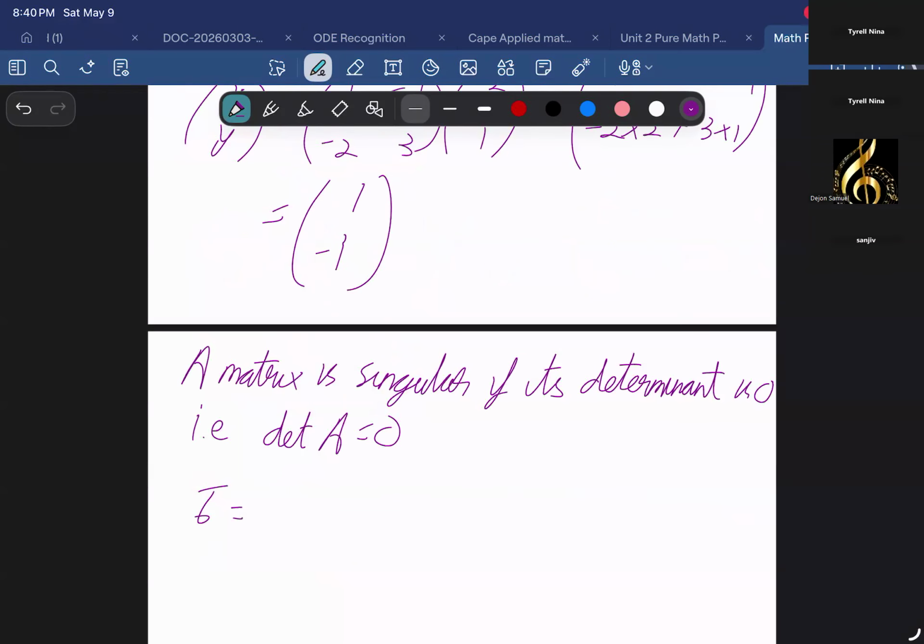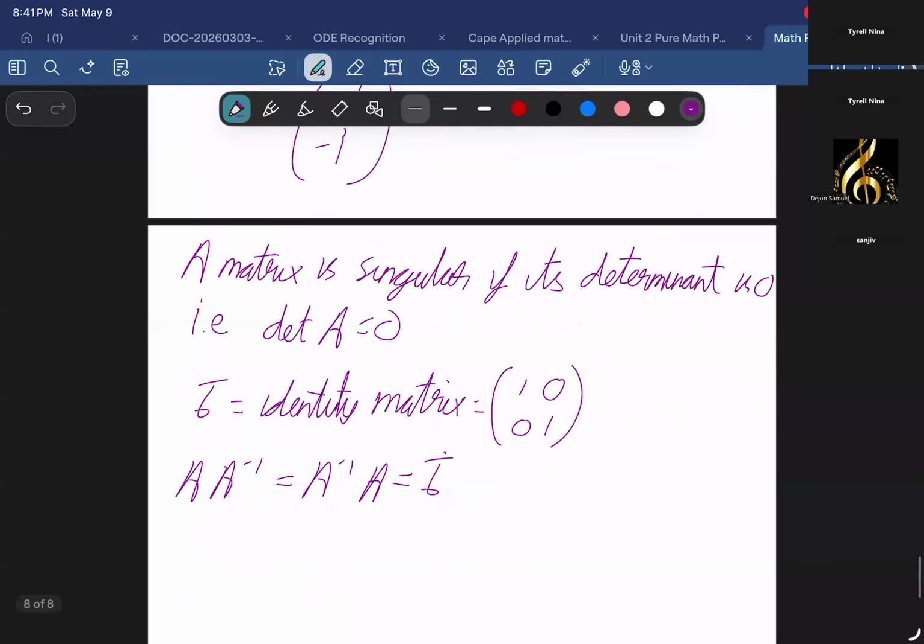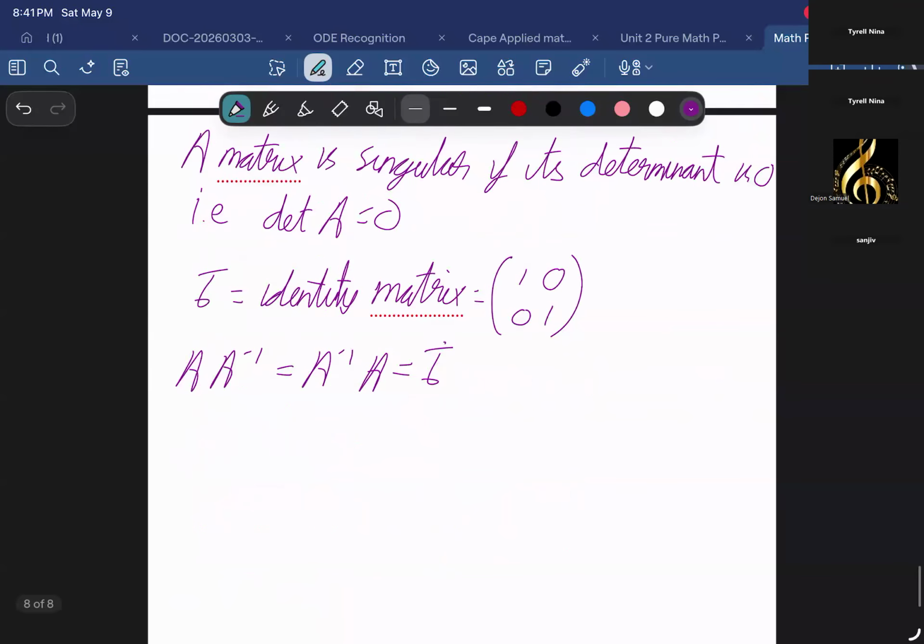I is the identity matrix, which is [1, 0; 0, 1], and A times A inverse is equal to A inverse times A, which is I. So these are some niche questions they could ask you.